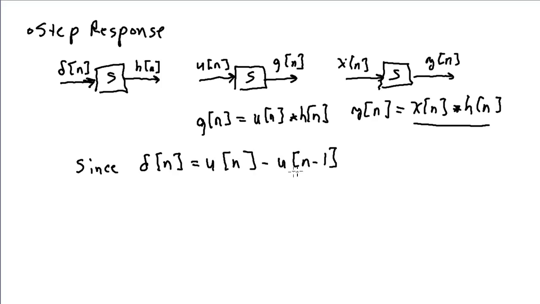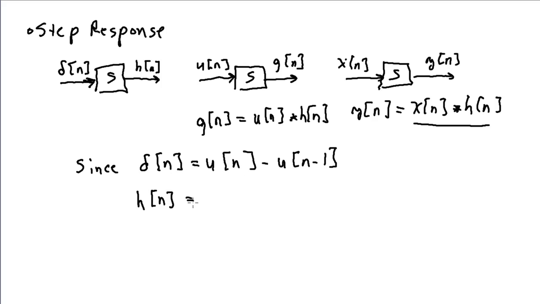You should think about this. This is the unit step minus the unit step function shifted one sample to the right, so this difference just leaves a sample at n equals 0. Of course, that's our definition of the impulse, but since delta n is related to the difference in the unit step by linearity, if we apply these individual inputs, we'll get out the response due to delta of n.